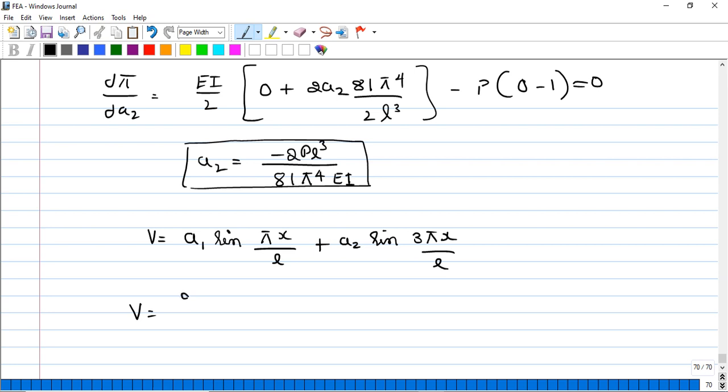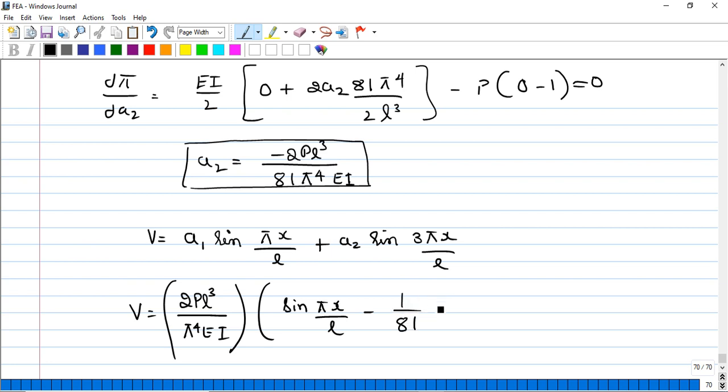That is a1 as 2PL cube by pi to the power of 4 EI into sine pi x by L minus 1 by 81 sine 3 pi x by L. So this will be the function. Sorry, just a minute, I need to substitute a2 again.